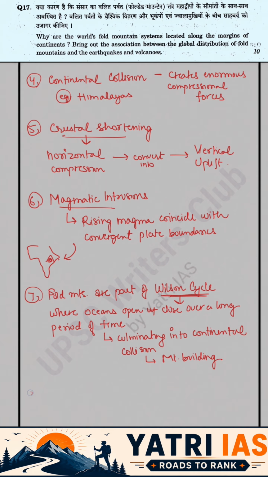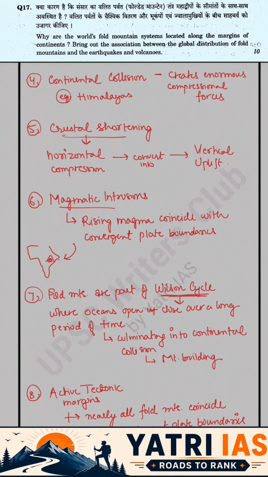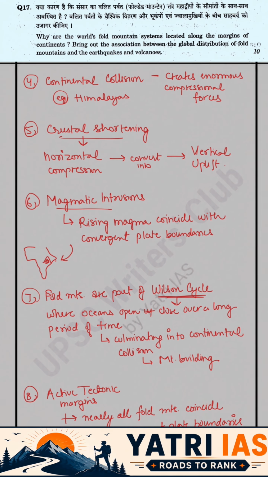Then you could also mention active tectonic margins. And very clearly and easily you would say that nearly all fold mountains coincide with convergent plate boundaries. So that is how you could mention the reasons why all the young fold mountains are along the continental margins.